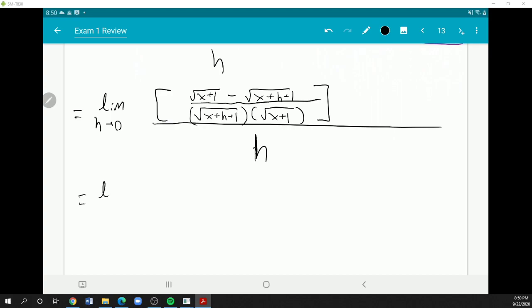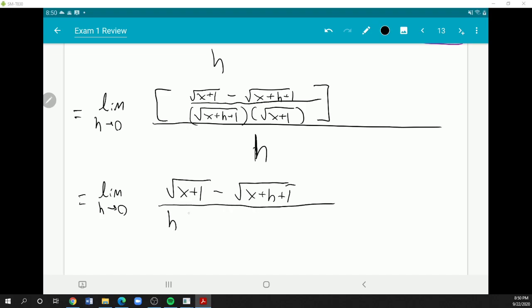So this is limit as h goes to 0. And now I can put this h in the denominator, or put these denominators together. Again, if you're not sure why you can do that, it would be good to go back and look at that algebra again. A good reminder.